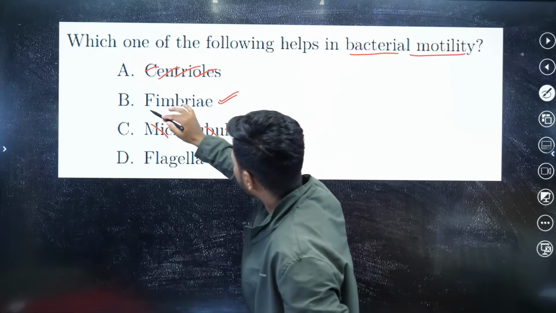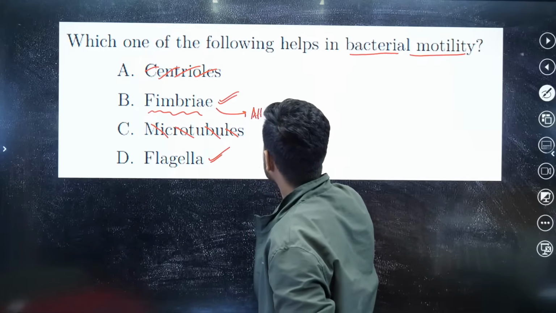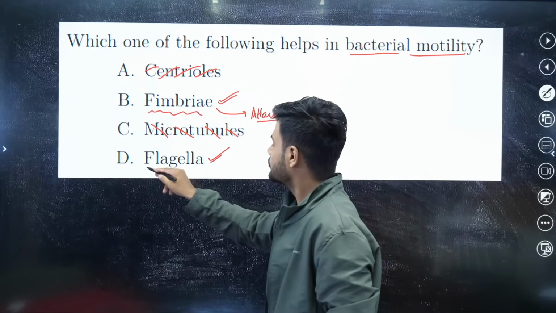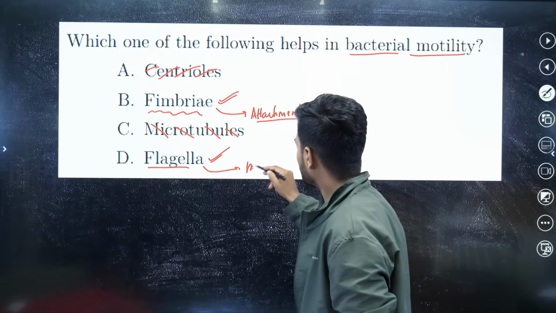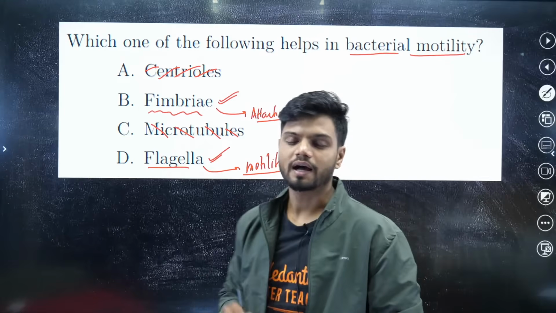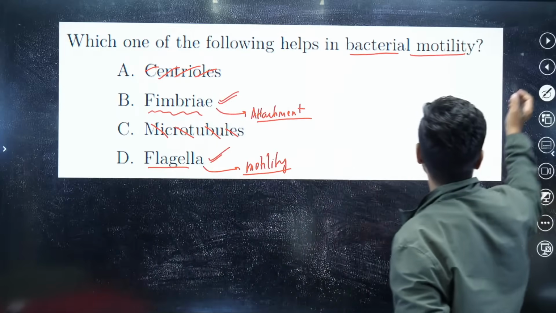All of us know that the main role of fimbriae is attachment, while flagella help in motility. Flagella help in motility and fimbriae help in attachment to the substratum. So what is the answer?